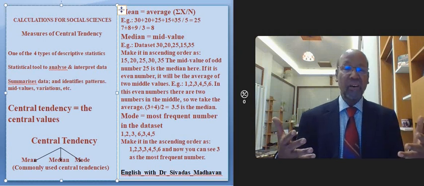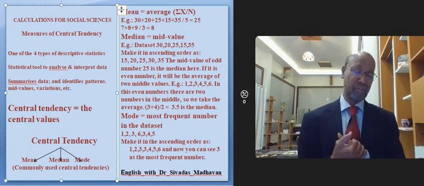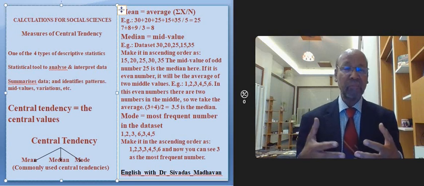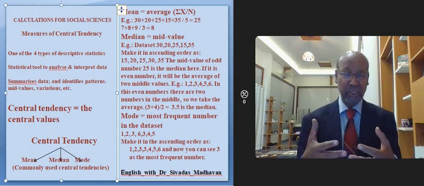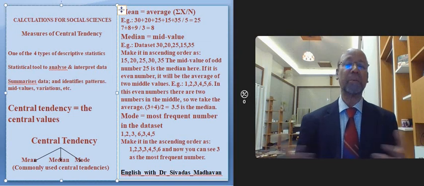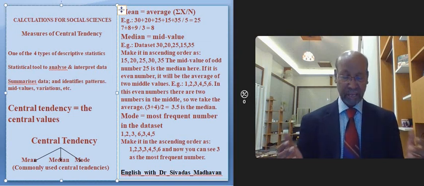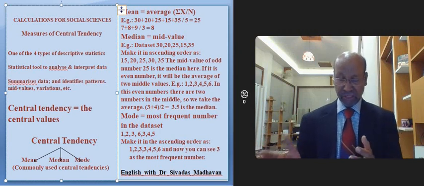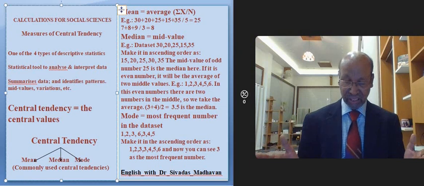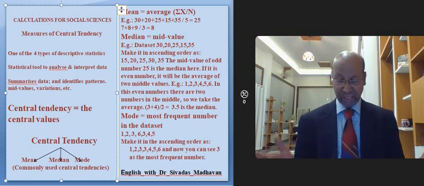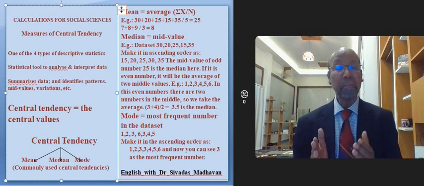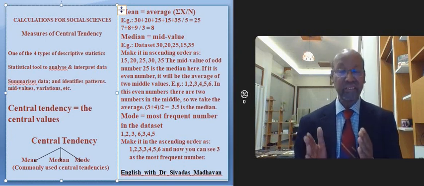and we will take the average of that. That means the 2 numbers in the middle will be totaled together and divided by 2. For example, if you say 1, 2, 3, 4, 5, and 6, here this is an even number. The mid values are 3 and 4.